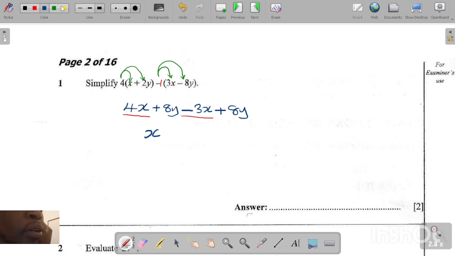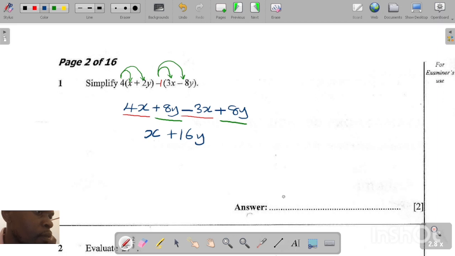Then you also look for other like terms. This is 8y. This term also has a y, so this is also a like term to this. So you are going to say 8y plus 8y is 16y.